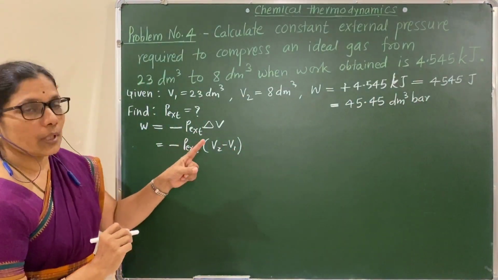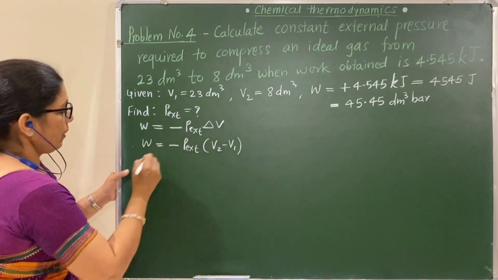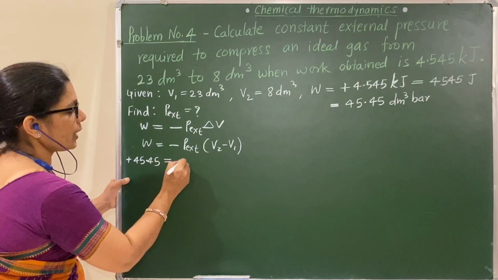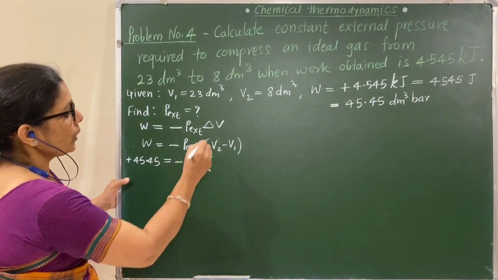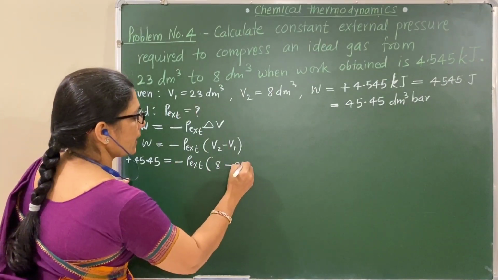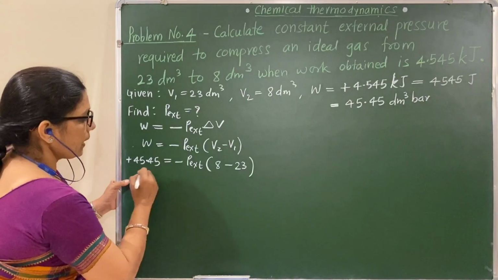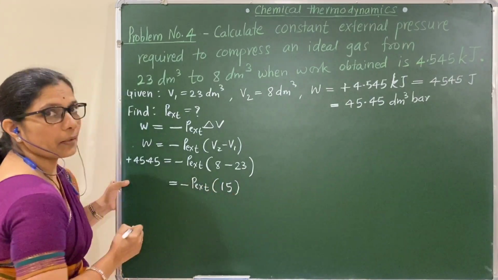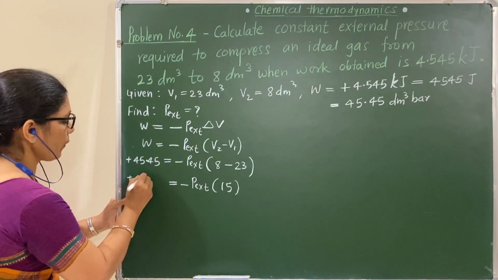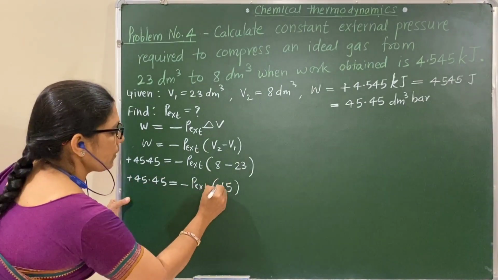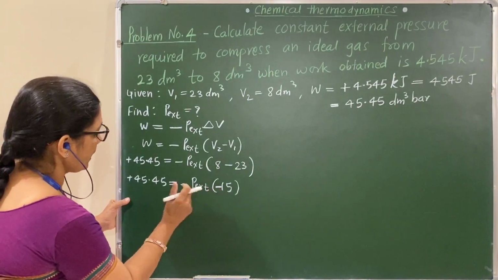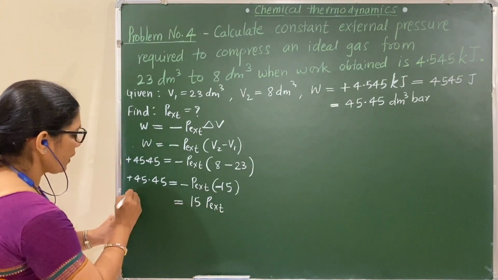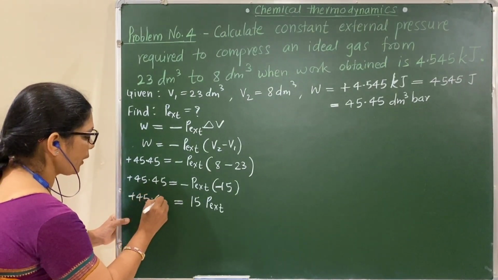Now substitute the values. W is positive 45.45, equal to minus P external into V2, which is 8, minus V1, which is 23. Now this is minus P external into minus 15, so it is plus 15 P external is equal to 45.45.